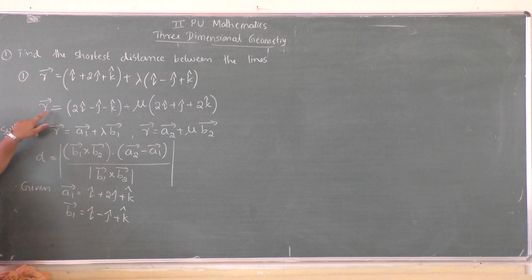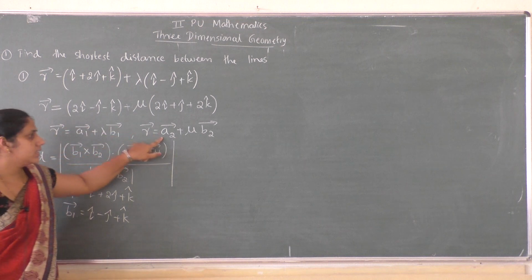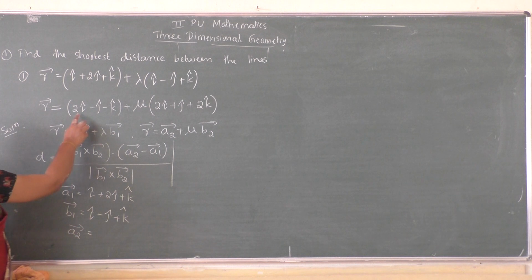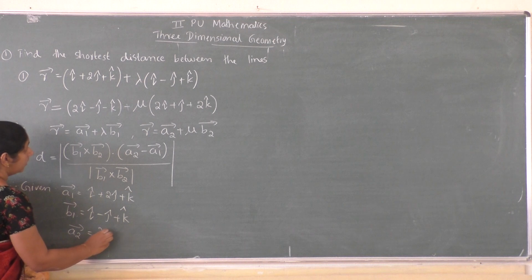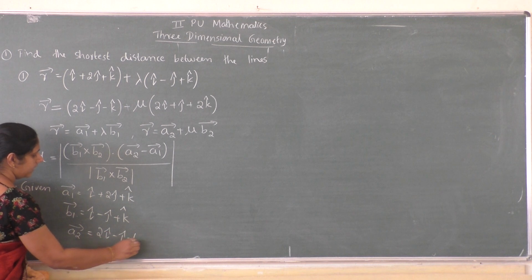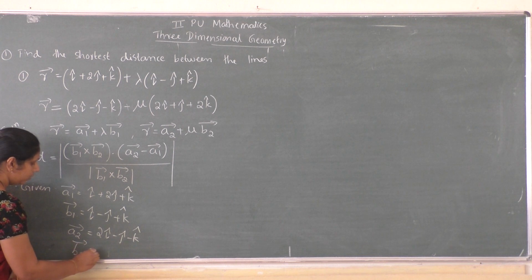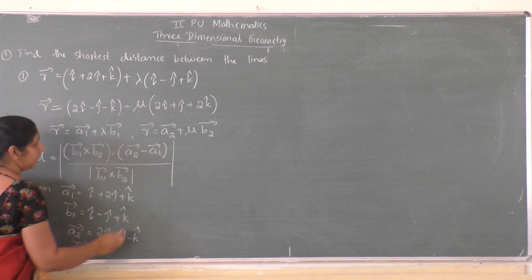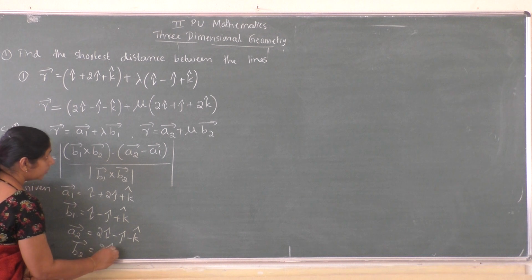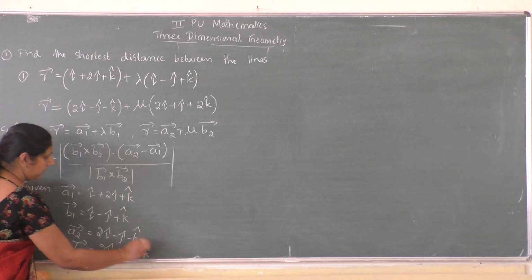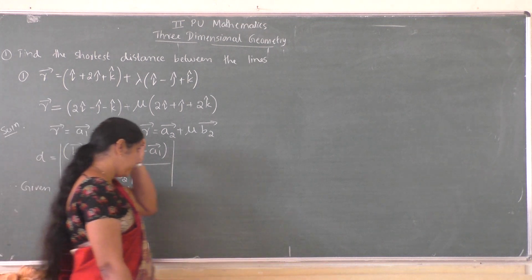Now compare the second equation. Vector a2 is 2i cap minus j cap minus k cap, and vector b2 is 2i cap plus j cap plus 2k cap.